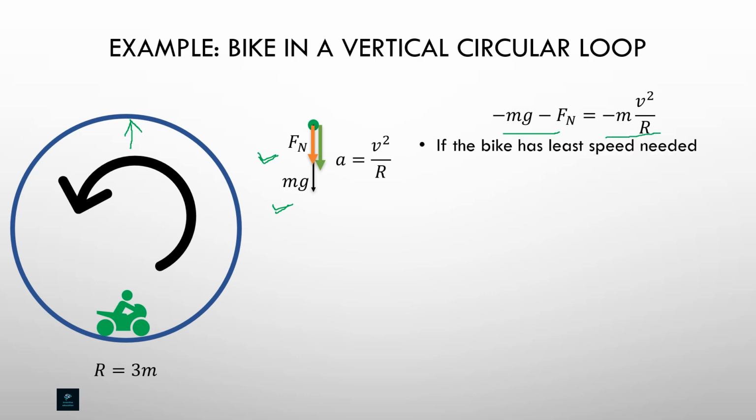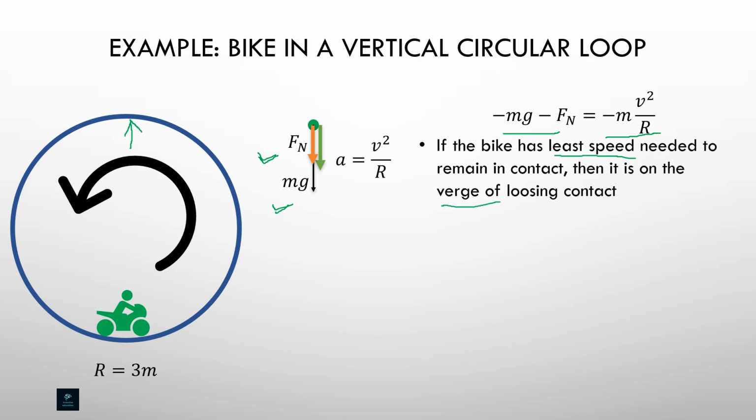Now if the bike has the least speed needed to remain in contact at the topmost location, then it is on the verge of losing contact. This means that the normal force is 0. Putting Fn equal to 0 in this equation, we get mg equals mv square by r, and from this we get v equals square root of g times r.